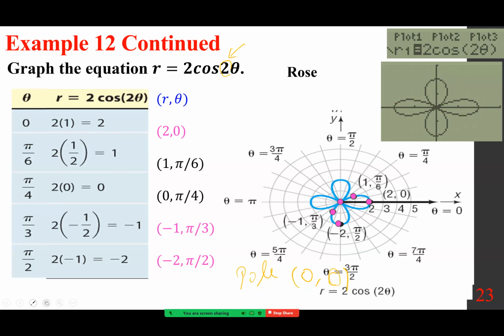So it moves this way. This way. This way. This way. This way. This way. Go back. And that's a rose.